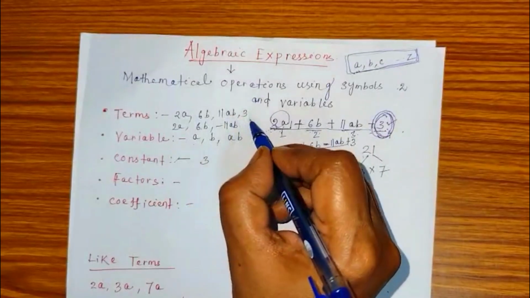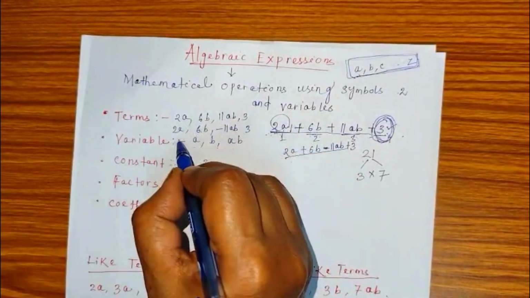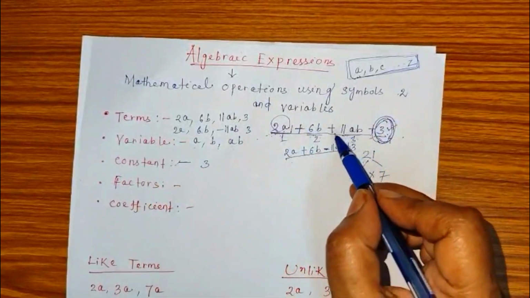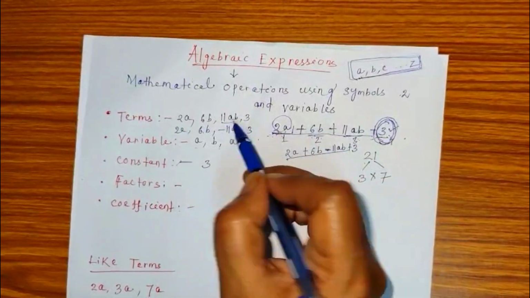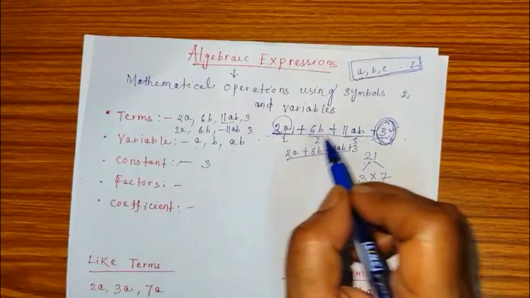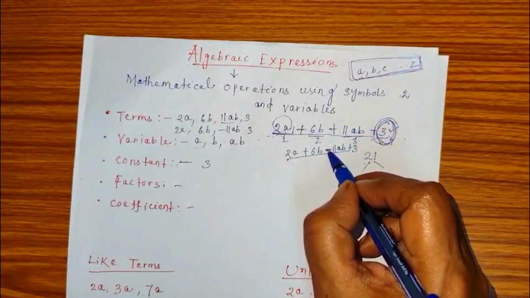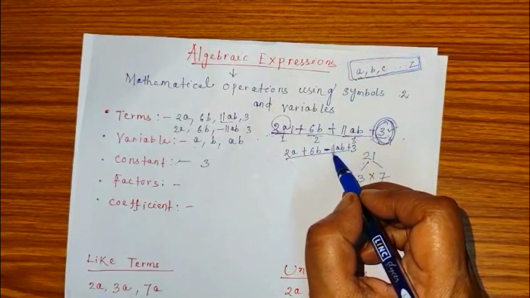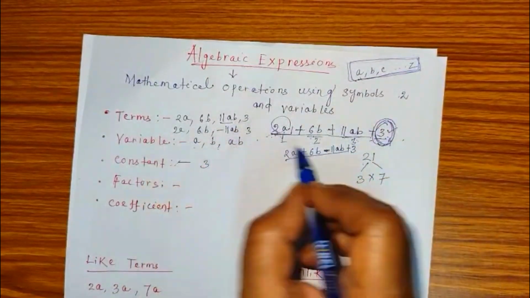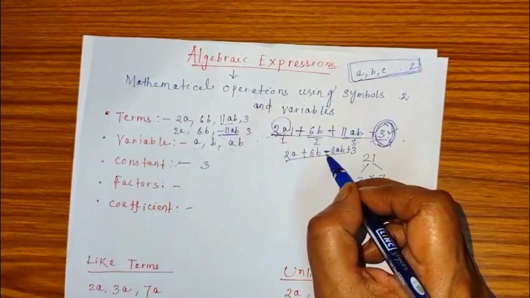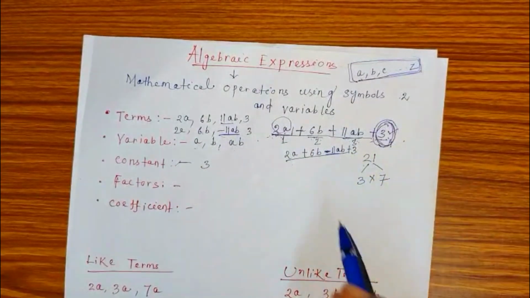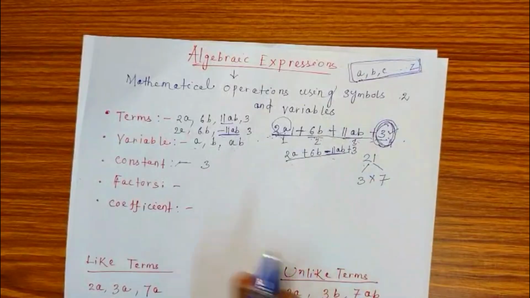This is a term and 3 is a term. So there are 4 terms, but the only difference is, if it is the plus symbol, you write only 11ab. If there is a minus symbol and they ask you to find the terms, you have to write it along with the minus symbol. So minus 11ab is the term.